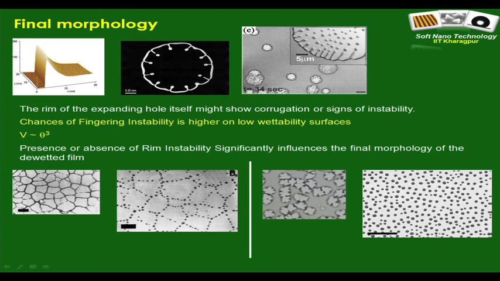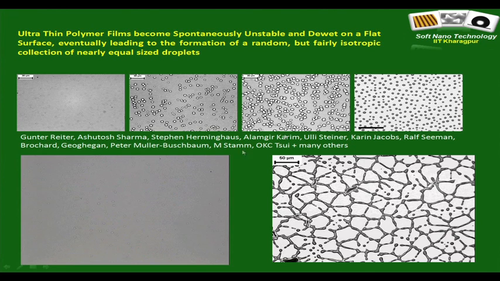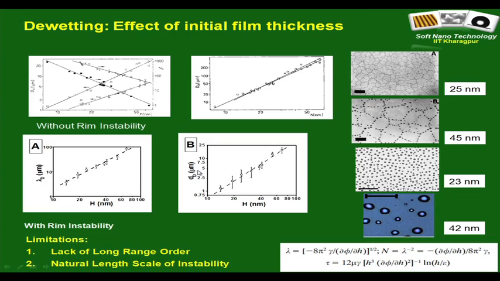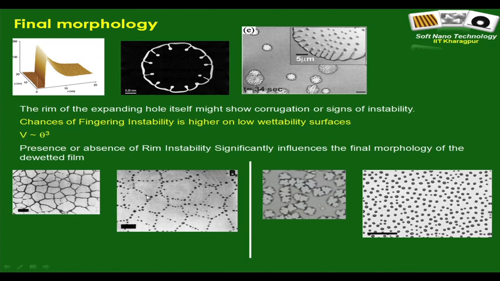So, you see if you have these cellular structures, the drops are not completely isotropic like what you see here. Here it is a completely random collection of droplets, but here you see that the drops are arranged according to the contours of the cellular pattern.